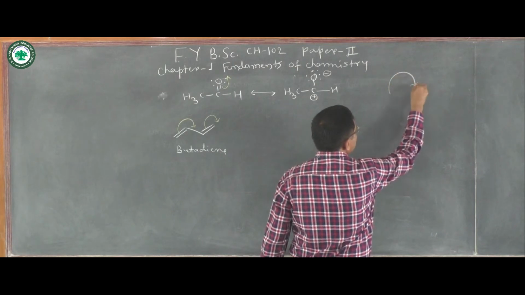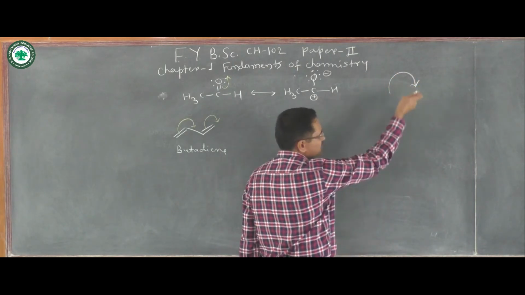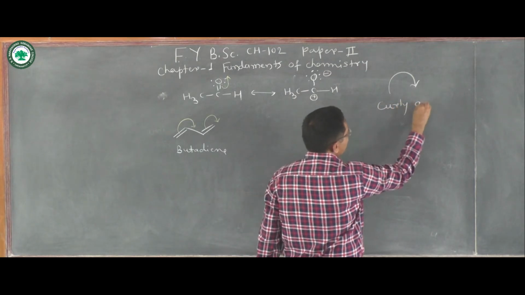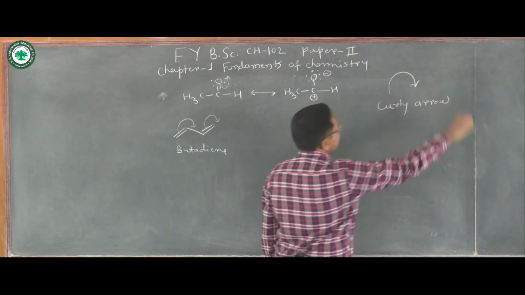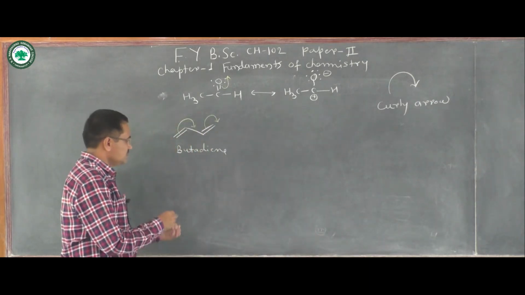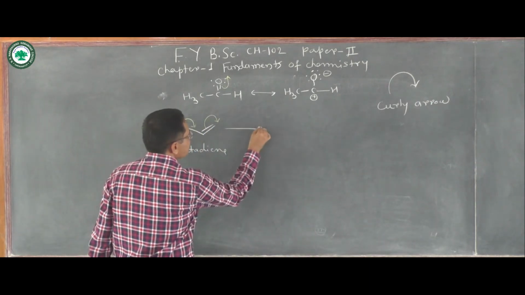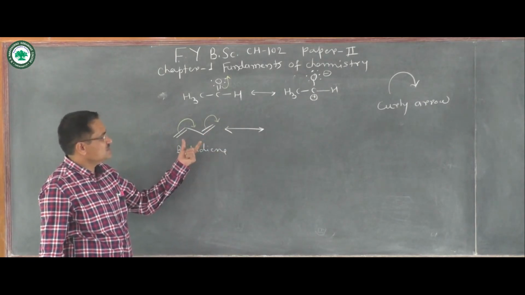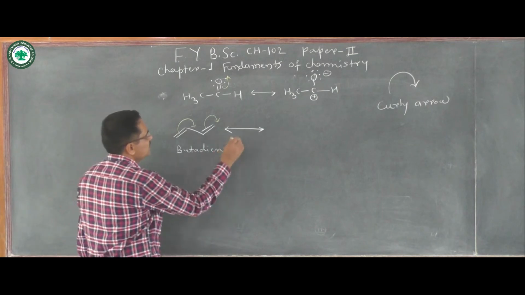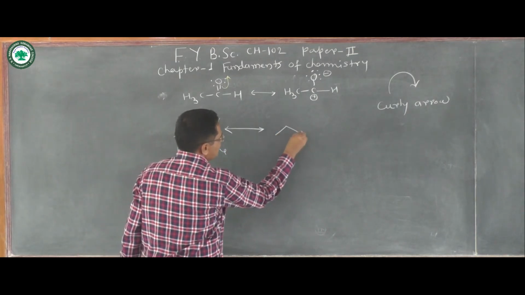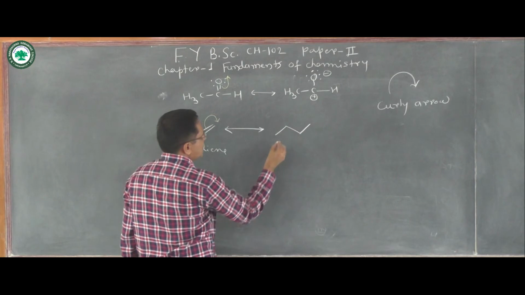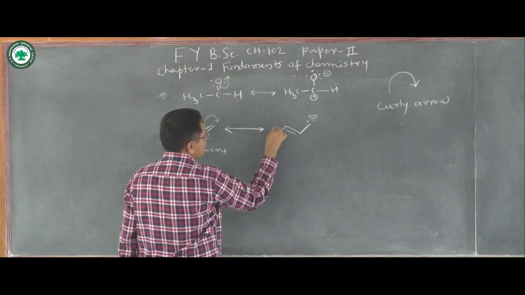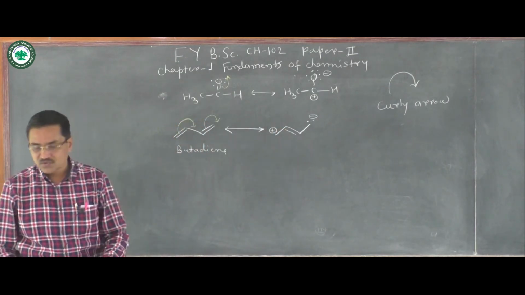Resonating structure, or shifting of electrons, is shown by a curly arrow, and in between the resonating structures we put the double-headed arrow. Now here negative charge and here positive charge.